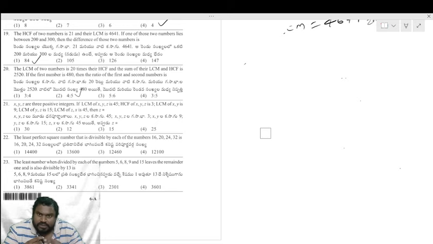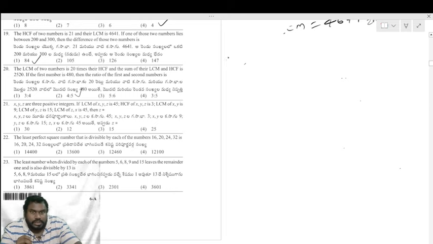If the LCM of x, y, z is 45 and the HCF of x, y, z is 3, there are three numbers x, y, and z.